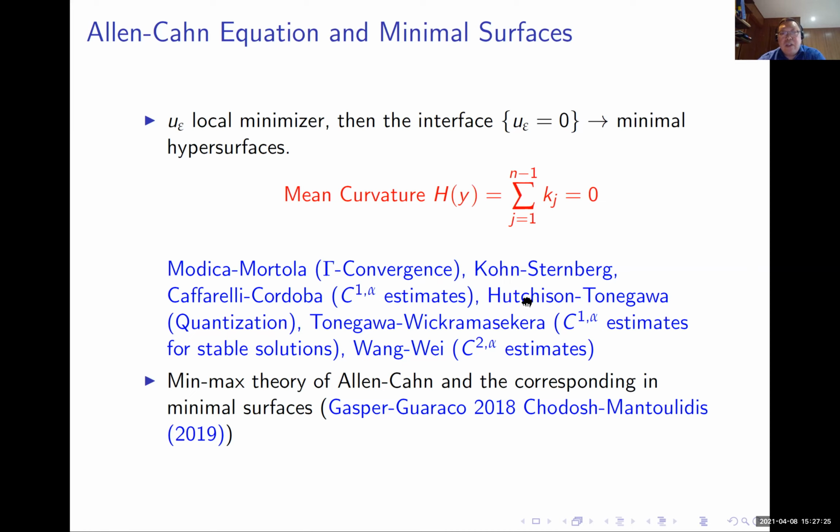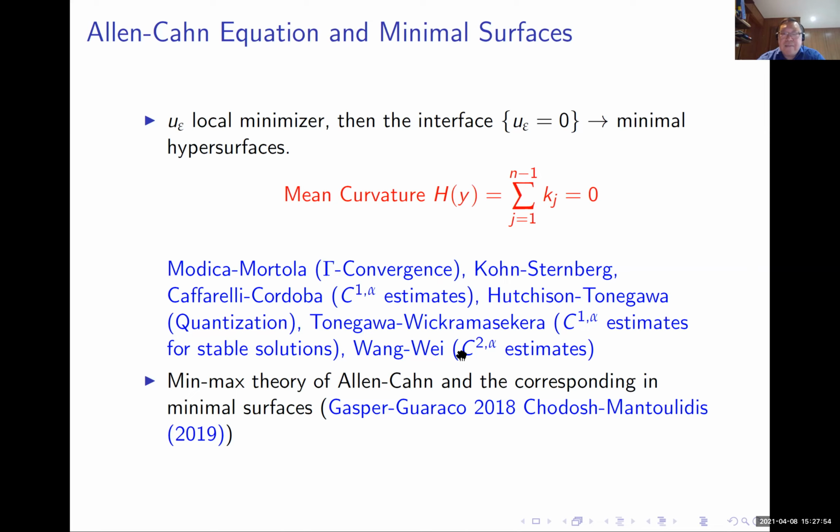You can also have quantization if the energy is bounded, by Hutchinson and Tonegawa. For stable solutions, you can also prove a C1,alpha estimate, by Tonegawa and Wickramasekera. From the C1,alpha estimate to the C2,alpha estimate, this is what I did with Kowalczyk.